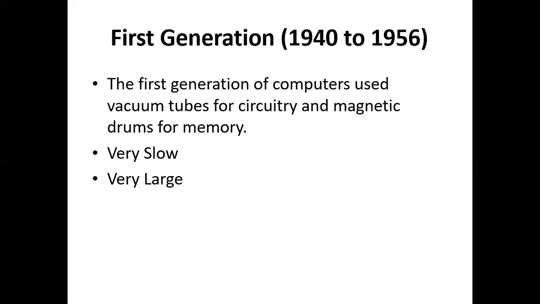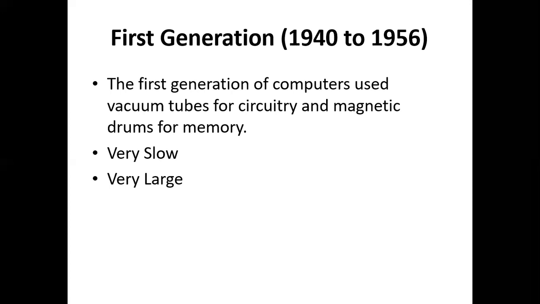Now, you recall from the definition of a computer, we said a computer is an electronic machine that accepts inputs, processes the input to give the desired output. Electronic means it's using electric energy.